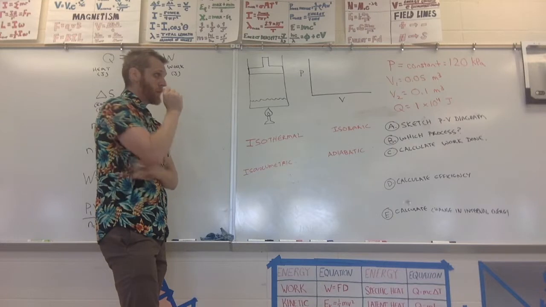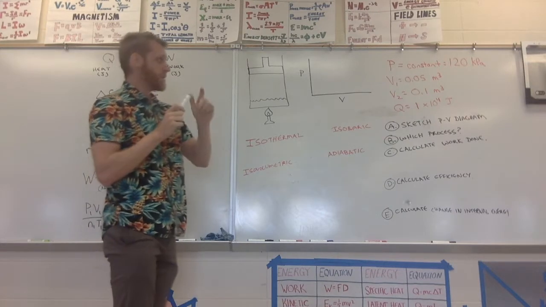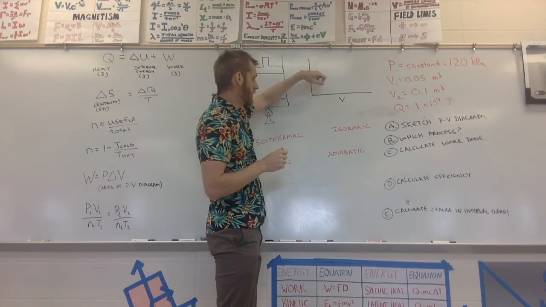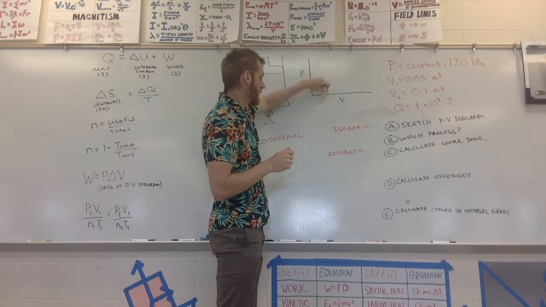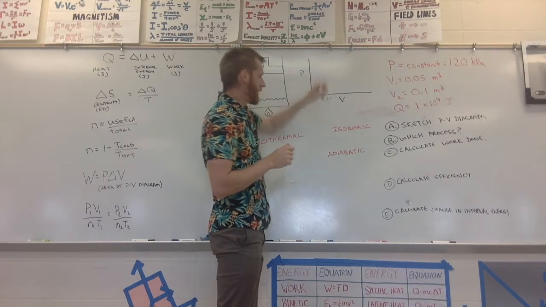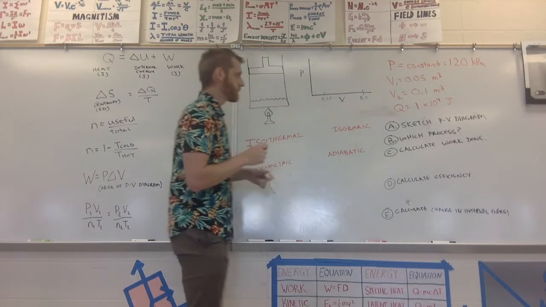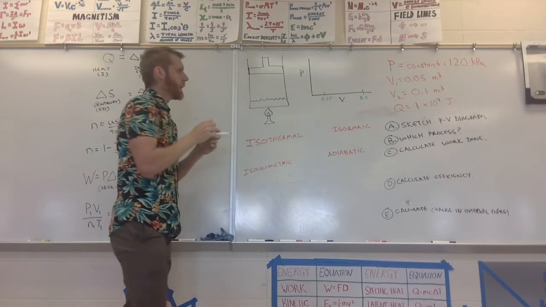We need to basically plot 2 points on this diagram and then connect them. So V1 is 0.05, so it's not 0. So let's just put V1 at like 0.05. So let's say 0.05 is right here. And V2 is 0.1. Okay, so we know it starts at 0.05 and goes to 0.1.